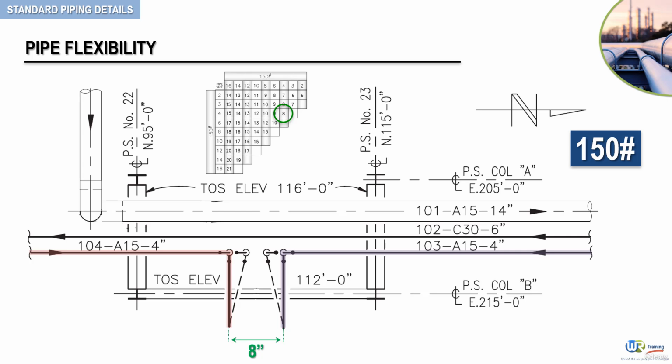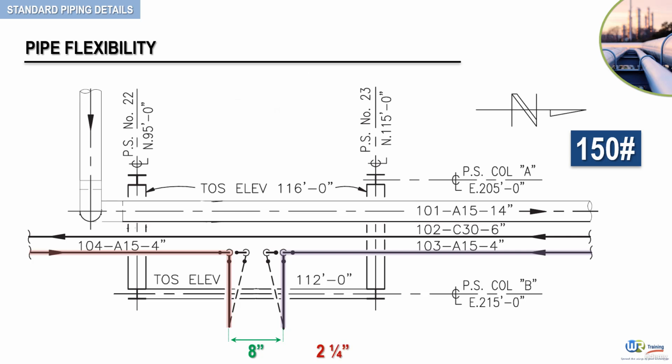By adding 1/2 the outside diameter of line 103, which is 2 1/4 inch, and 1/2 the outside diameter of line 104, also 2 1/4 inch, and the 2 inch of expansion for each pipe, we will obtain a total of 8 1/2 inch. It becomes obvious here that an interference or clash between lines 103 and 104 would occur at point 1. To avoid this interference, two alternatives are feasible.